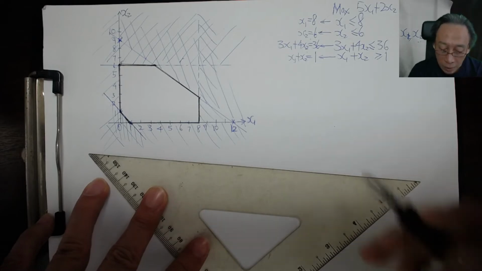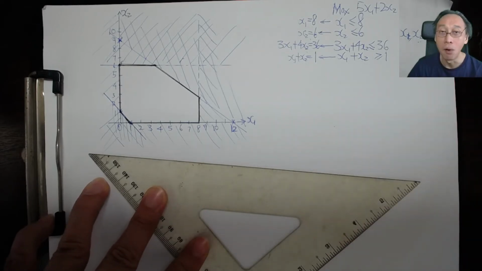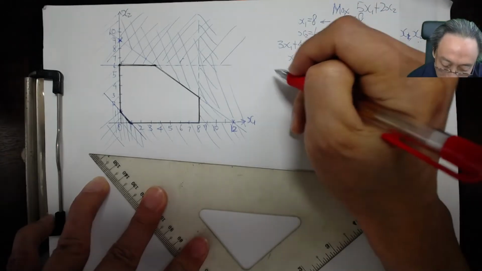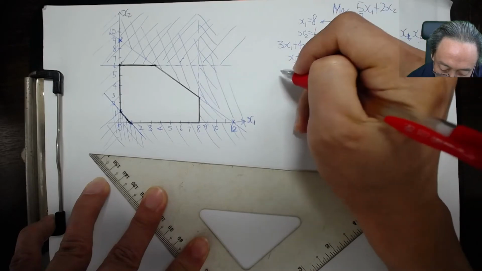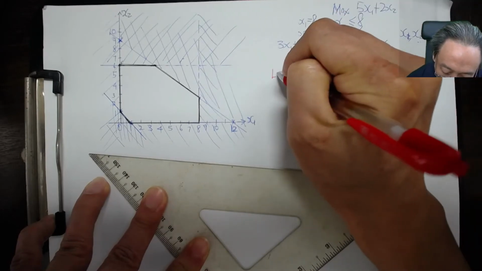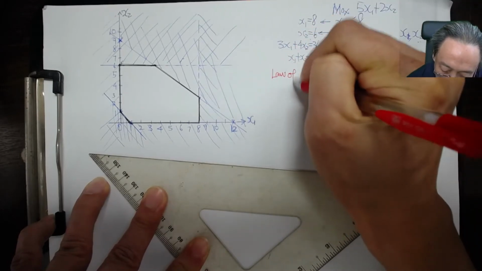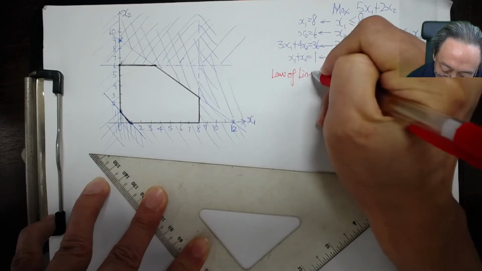Now we need a law here, and because it is a law of mathematics, everybody must obey.